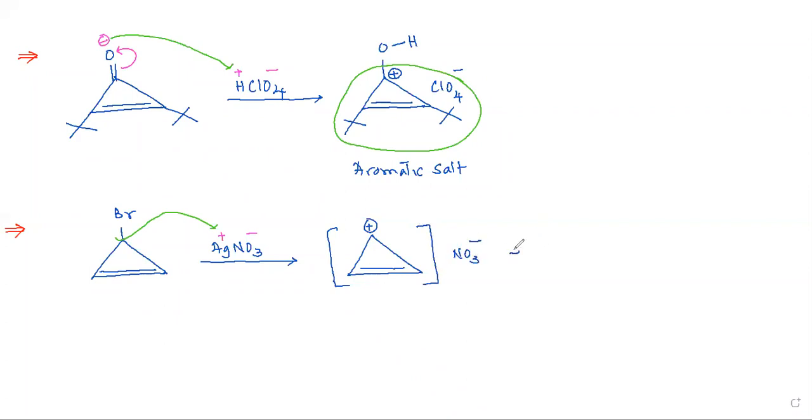This one, but silver bromide, of course, is precipitated. This is again an aromatic salt. Okay.